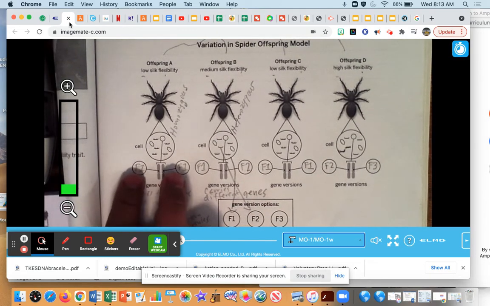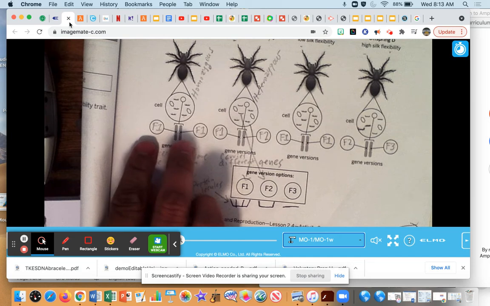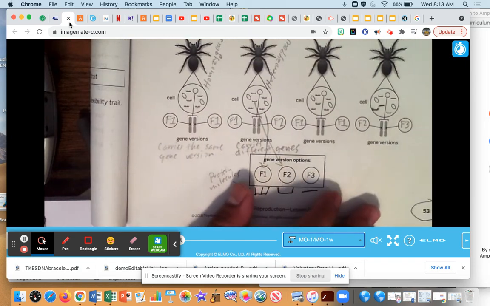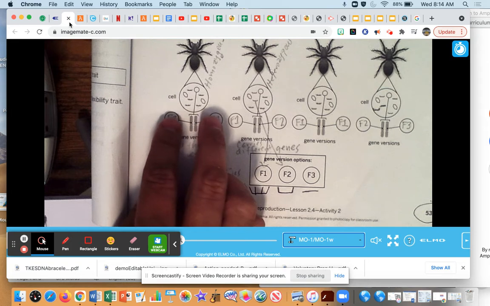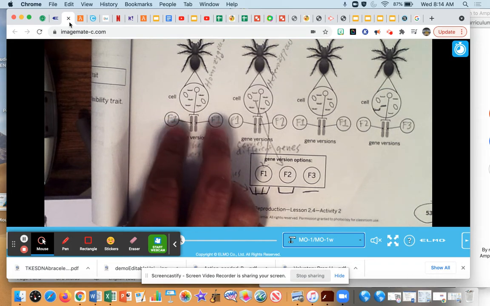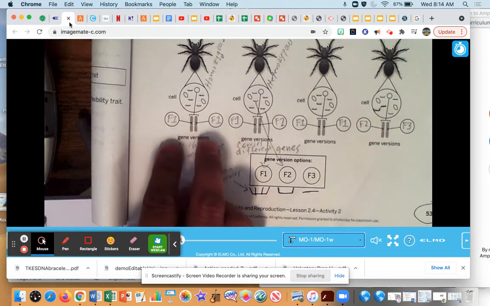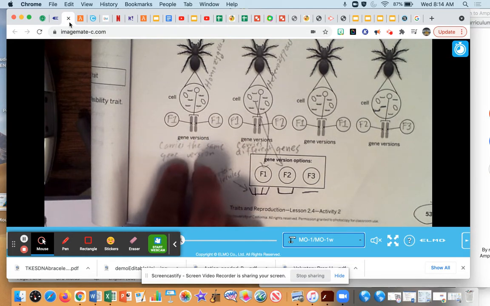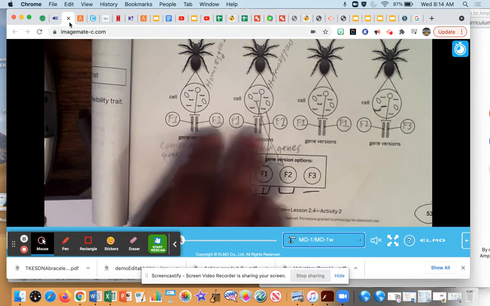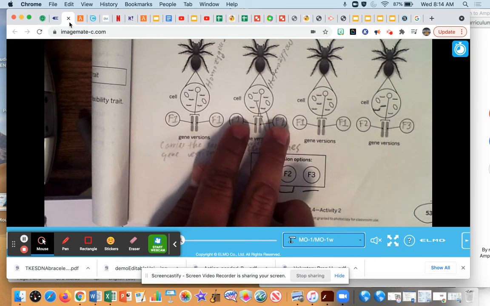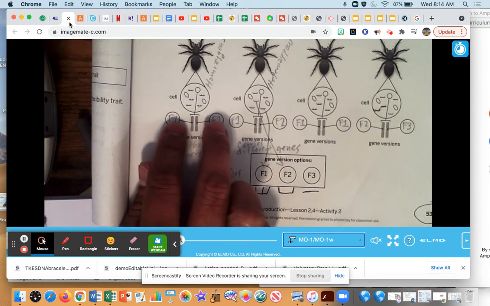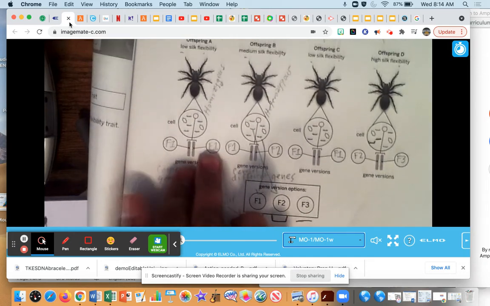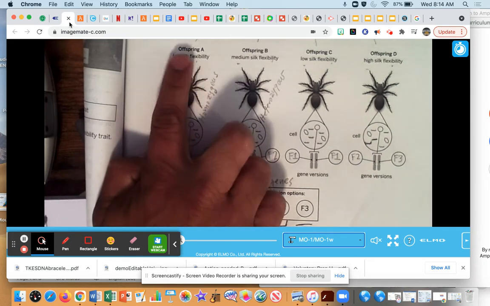These are the two copies of a gene, and this is page 53. They can have two of the same versions, where these gene versions are the same, or they can have different gene versions. These are gene copies from an offspring of a spider, which is an organism.